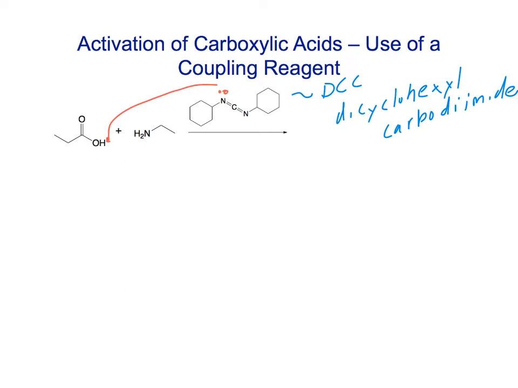So it reacts with the acidic compound in the reaction, which is the carboxylic acid. So we get the carboxylate plus, let's see how I want to draw this. This thing is too big. Here I'm going to draw that H over there.